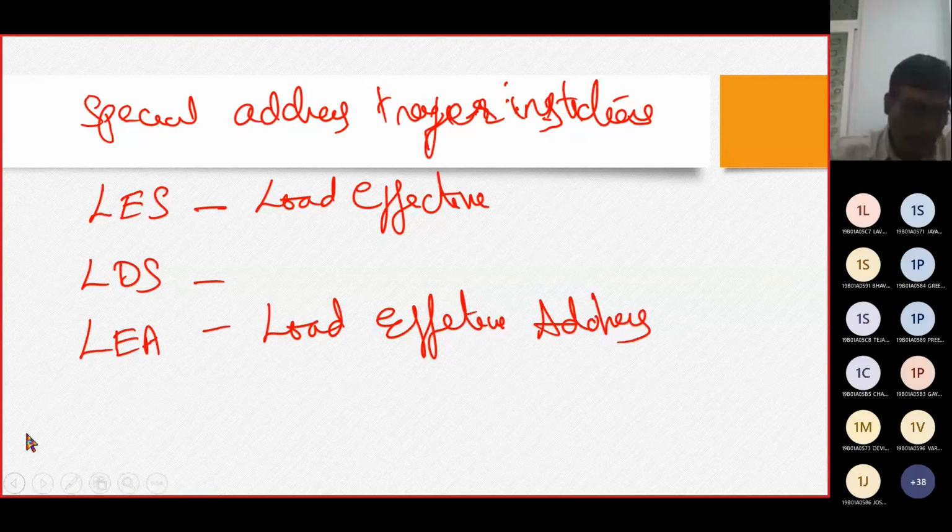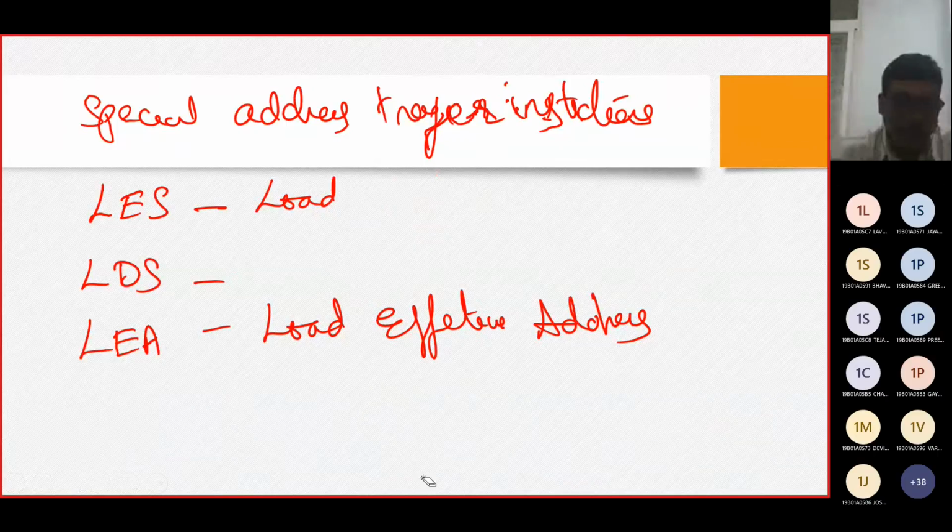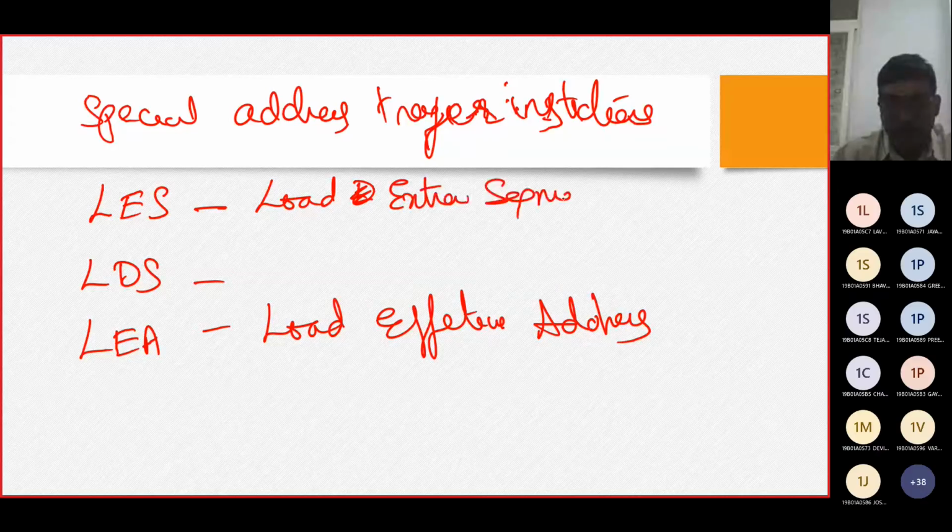The other things are load extra segment and load data segment.